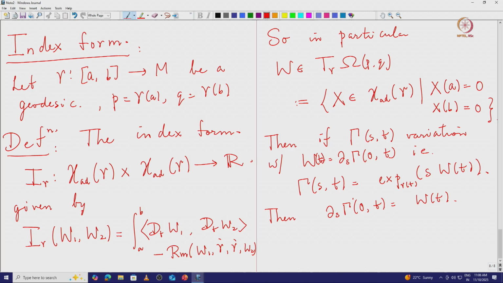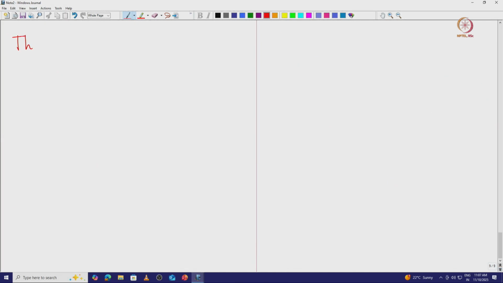So, if you take such a vector field, then the second derivative of the energy functional at s equals 0, by our second variation formula, is precisely the index form of W applied to W. So, in other words, the index form, if you restrict it to the tangent space of omega pq, is basically the bilinear form associated to the second derivative of the energy functional.